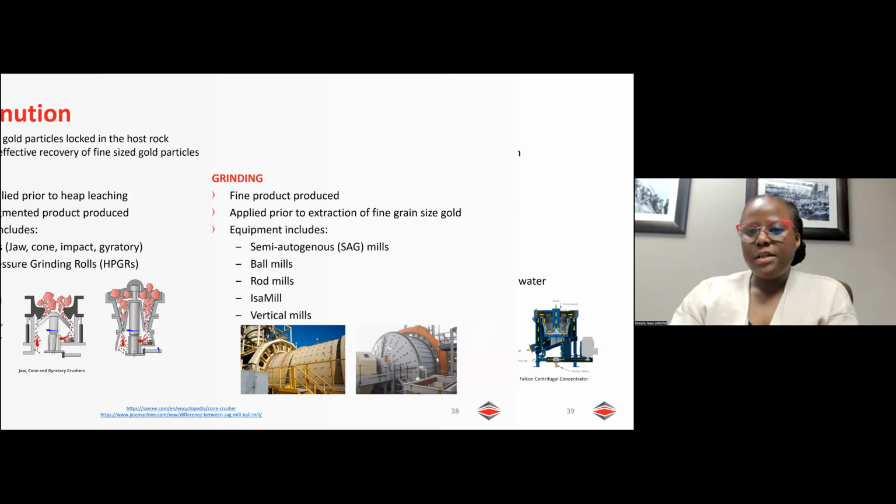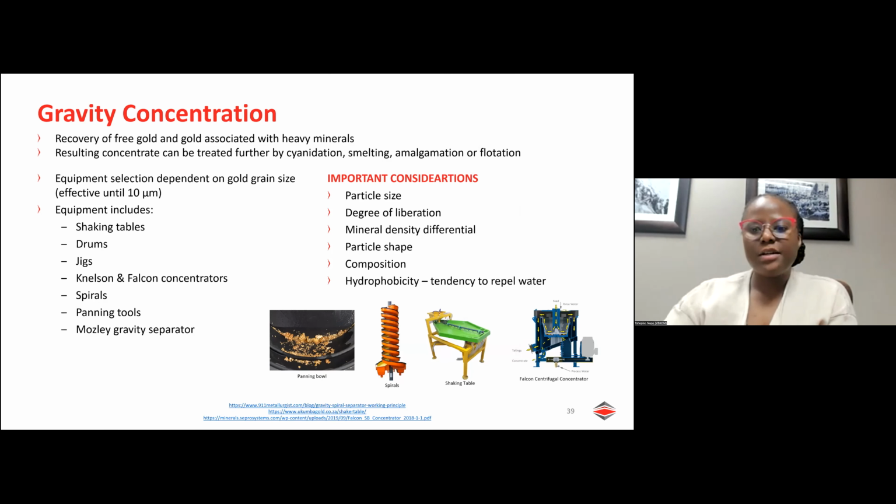Okay, then gravity concentration is applied to recover gold and gold-associated heavy minerals. So the important considerations for your gravity concentration circuit include the gold grain size and its distribution within your stream, the degree of liberation and the particle shape.